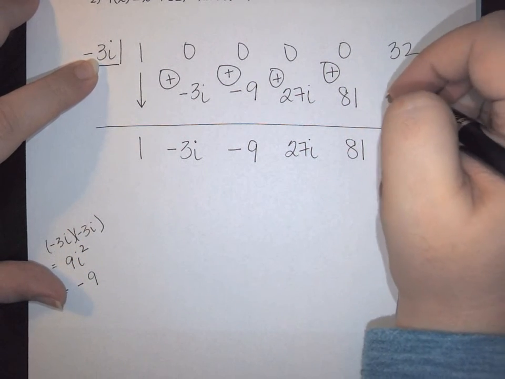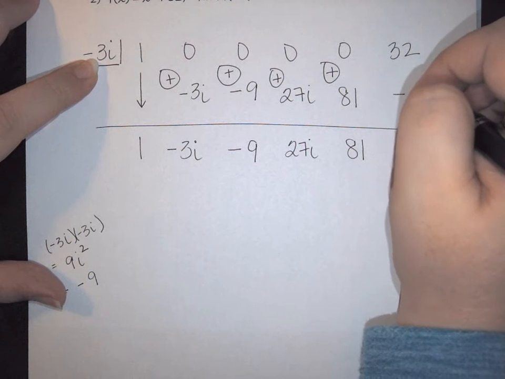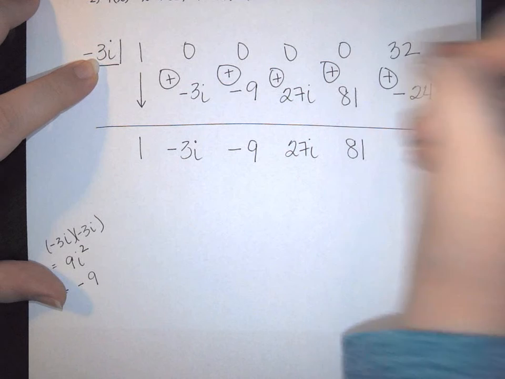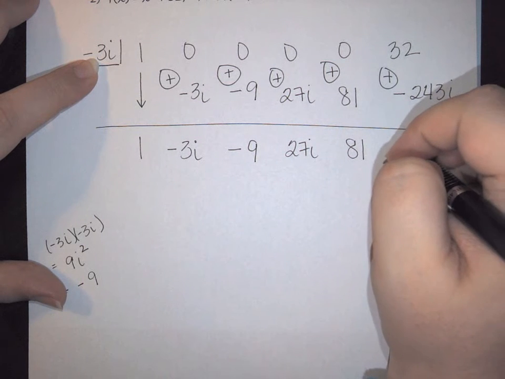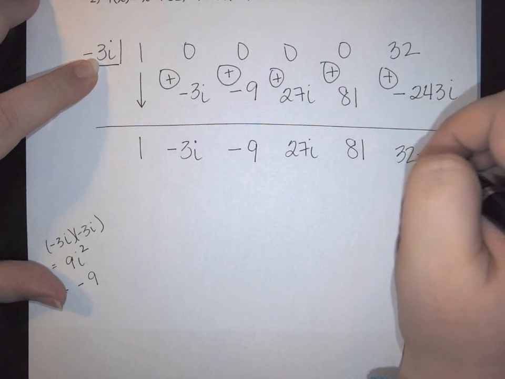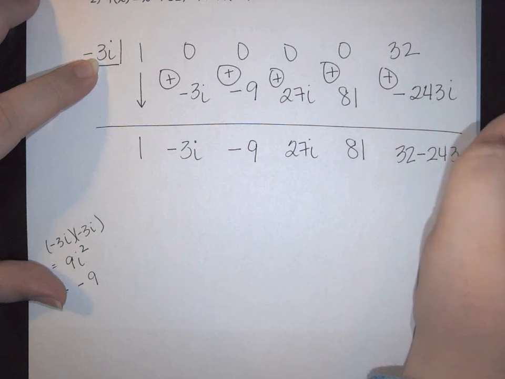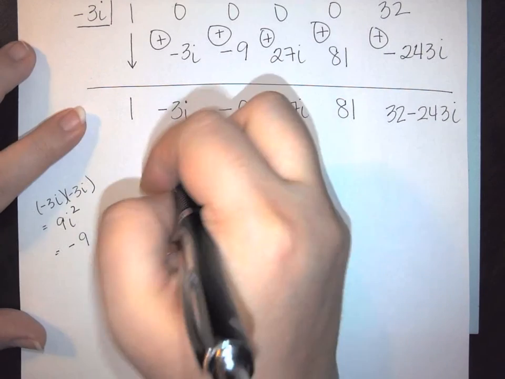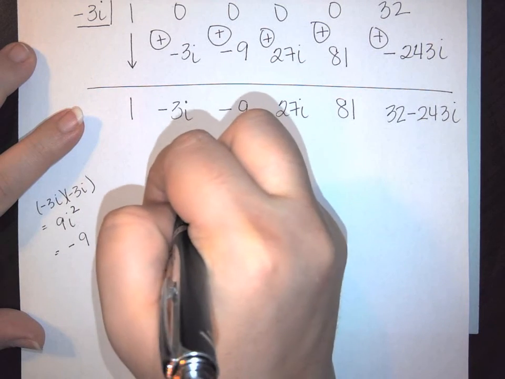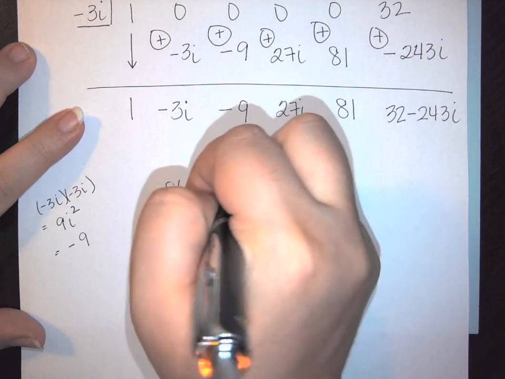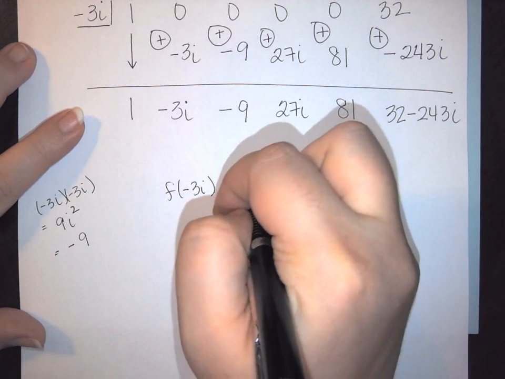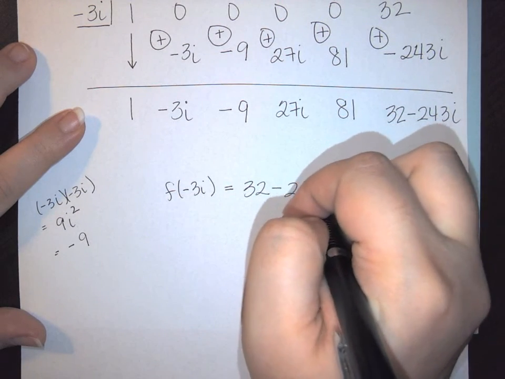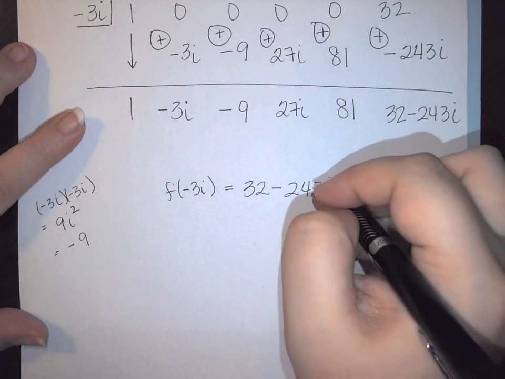This is going to give me negative 243i. We add these together, and this gives us 32 minus 243i. So when we look at this evaluation, f of negative 3i is going to give us 32 minus 243i.